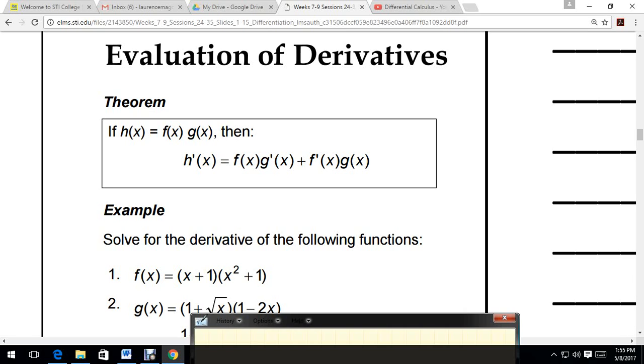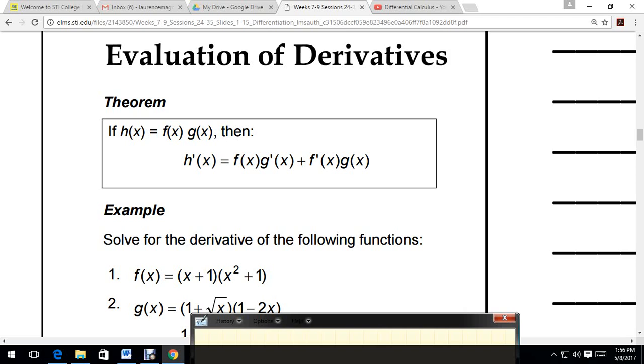In translation, if you have algebraic forms, f of x is a distinct algebraic form, and g of x is also a distinct algebraic form of the given function. Then the derivative of h of x, which is h prime of x, is equal to this form. Notice you have f of x times g prime of x, the derivative of g of x, plus the derivative of the first function, f prime of x, times g of x.